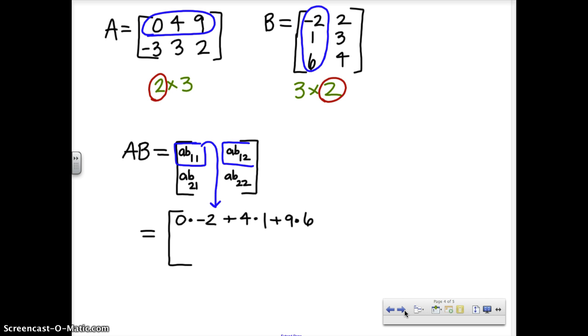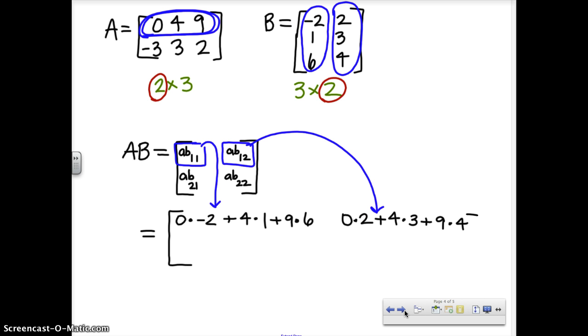To get 1, 2, now I have plenty of room. To get 1, 2, I'm going to take the first row, but the second column. And whatever that product is, adding and multiplying as I go, is going to tell me what I get. So I'm going to do 0 times 2 plus 4 times 3 plus 9 times 4. Okay? Here's where these are coming from.